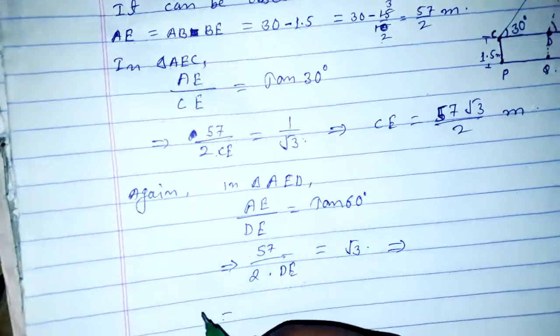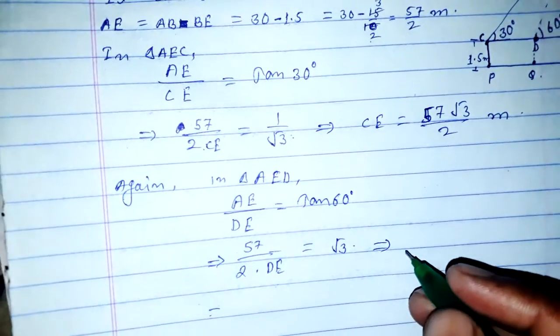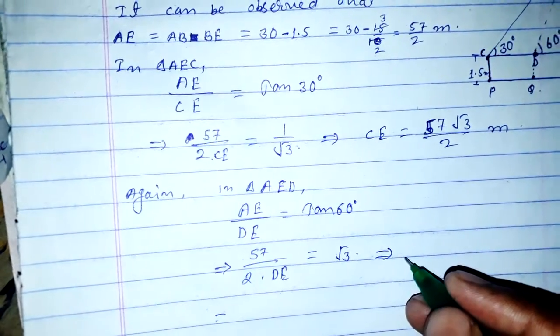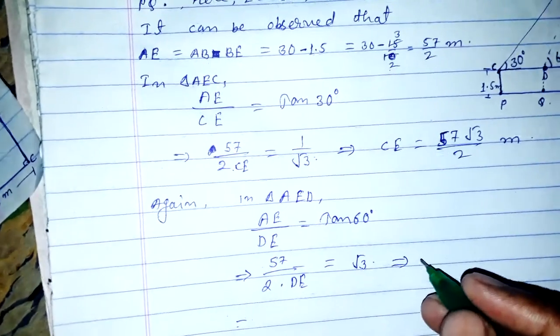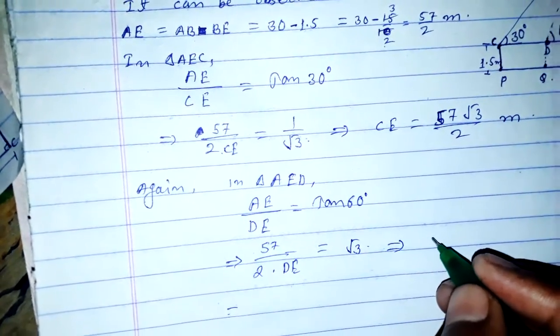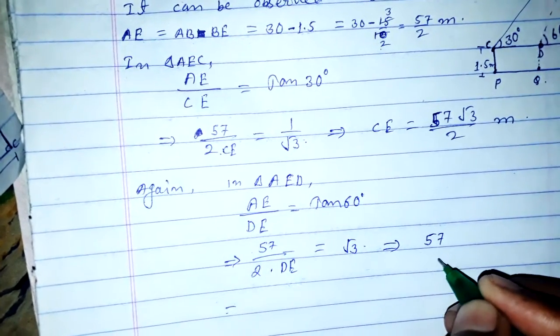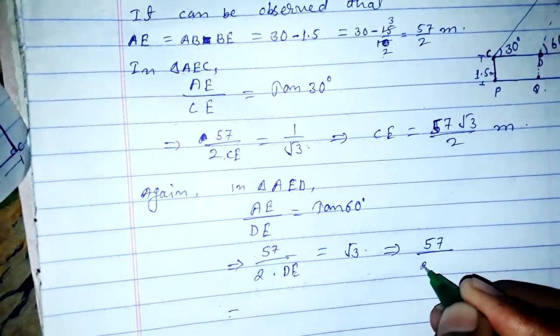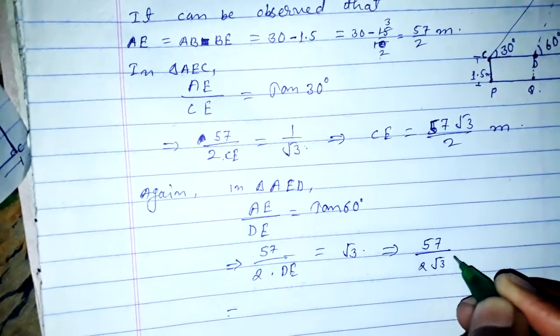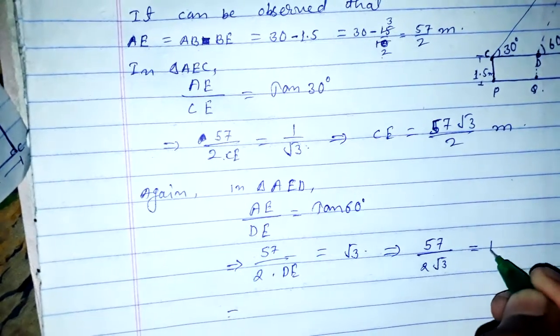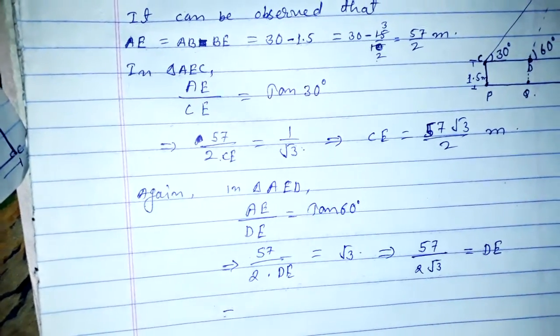So cross multiplying the value, 57 upon 2 root 3 is equal to DE.